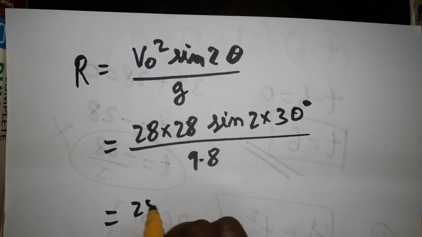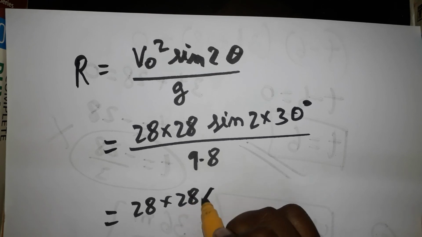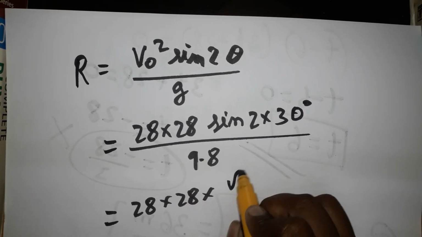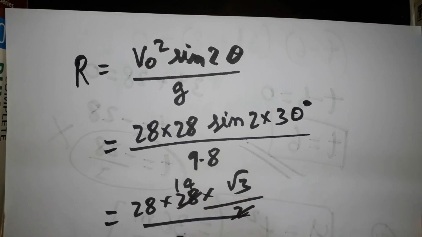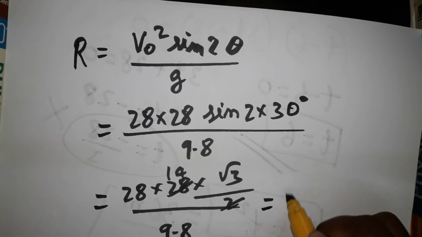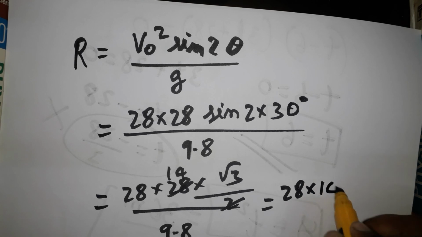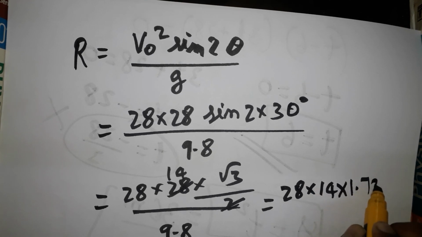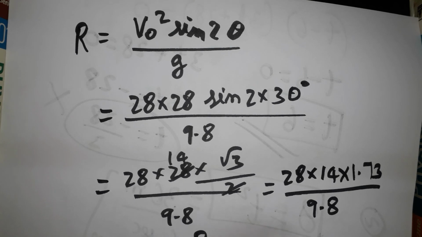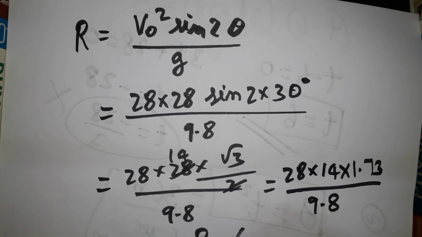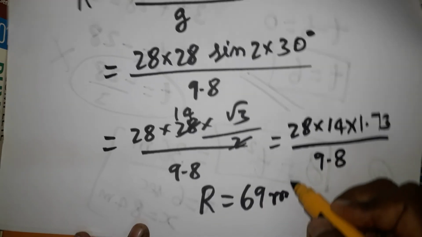Sin 60 is root 3 by 2, which gives 14 divided by 9.8. So 28 into 14, root 3 is approximately 1.73, divided by 9.8. The answer for the range is that the object can move 69 meter.